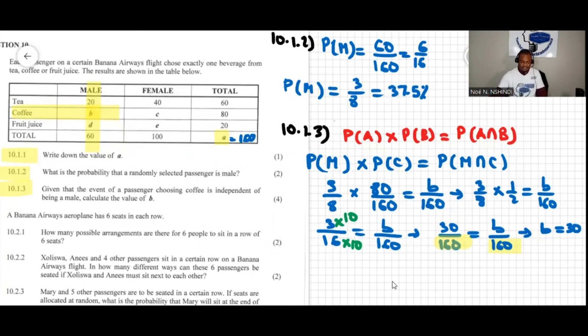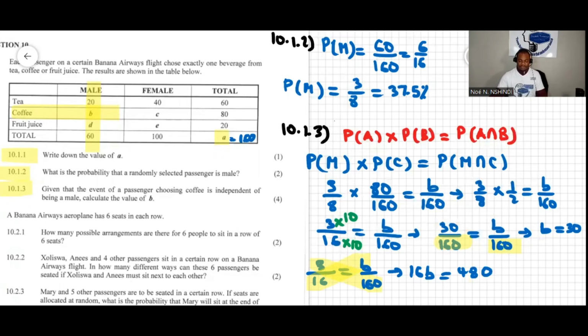Or else we could work it out by cross multiplication. We can do 16 times B, and then 3 times 160. So that's 16B, equal to 480.